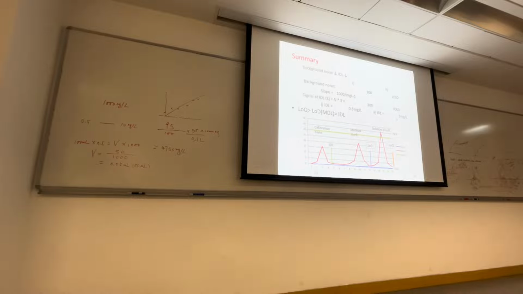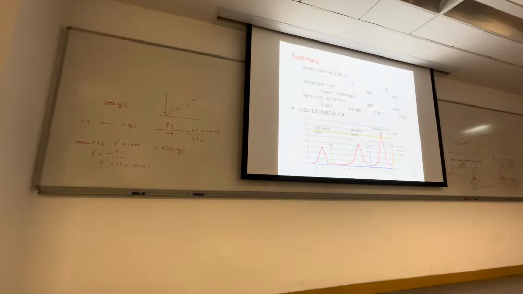Okay? So it all depends. If you want to lower the IDL, that means to improve the sensitivity, either you remove the interference, lower the background signal, or you select a more sensitive instrument. That is the choice, okay?